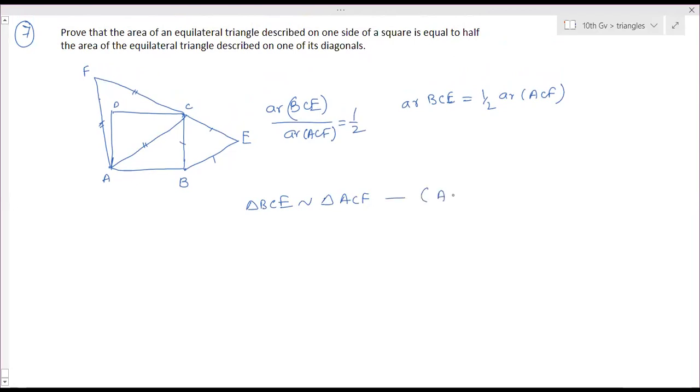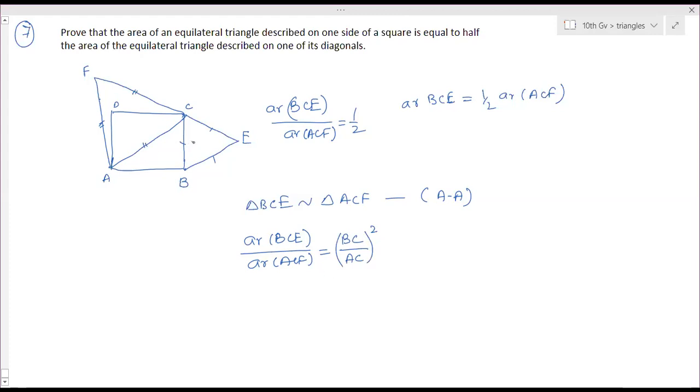By AA similarity, all angles of equilateral triangles are equal. So therefore, area of BCE by area of ACF is equal to BC by AC whole square.